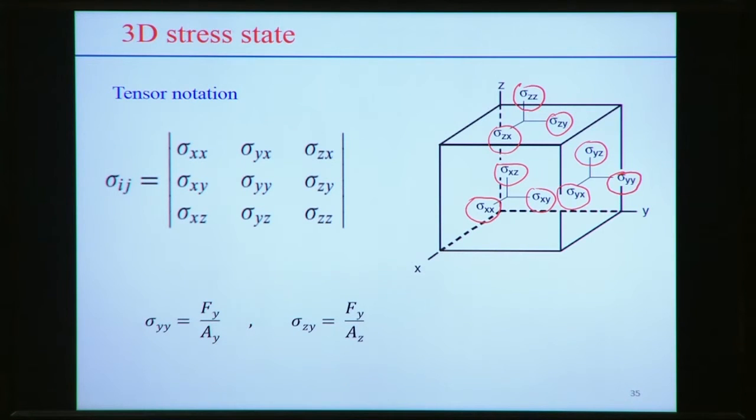So sigma yy in this case is Fy divided by Ay, where Ay is the area normal to the y axis. Similarly, sigma zy is a shear stress, which is the force acting along the direction y divided by the area Az, that is, the area normal to the z axis.